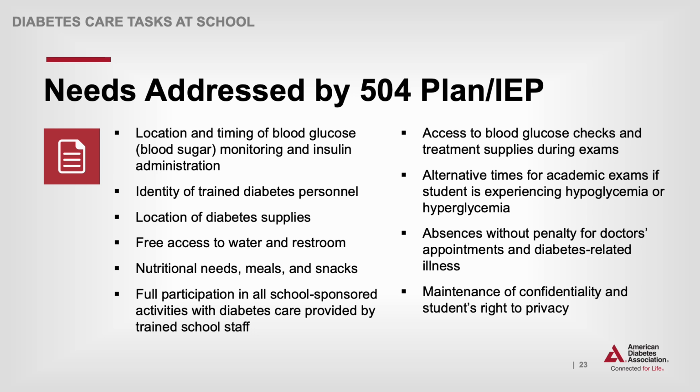The school health team members work together to implement the diabetes medical management plan developed by the student's personal diabetes healthcare team, often using the strategies outlined by the school nurse in the IHP. The IHP communicates the diabetes management strategies for the student in the school setting.